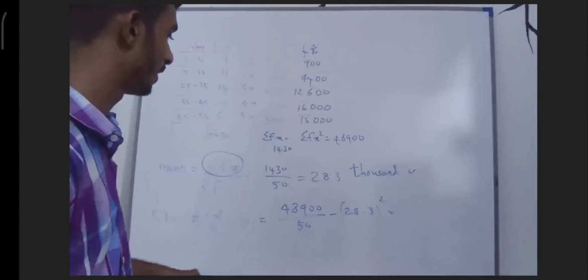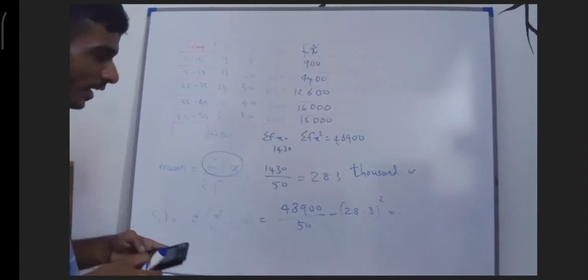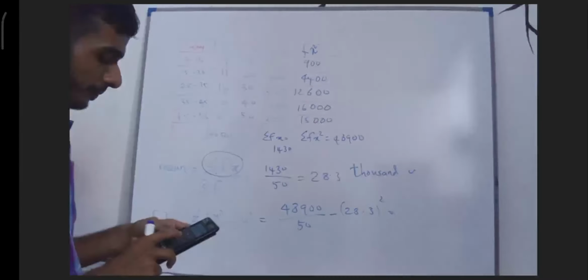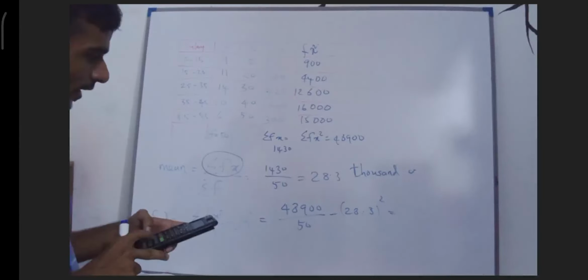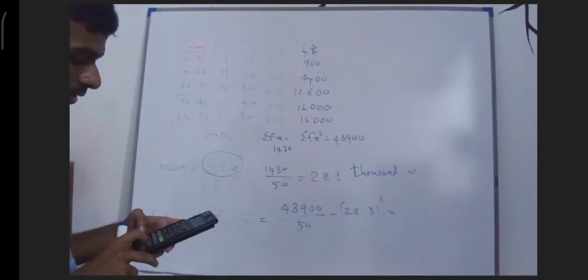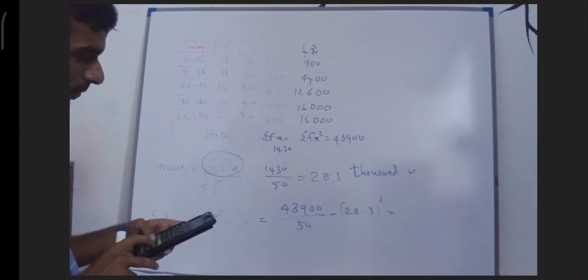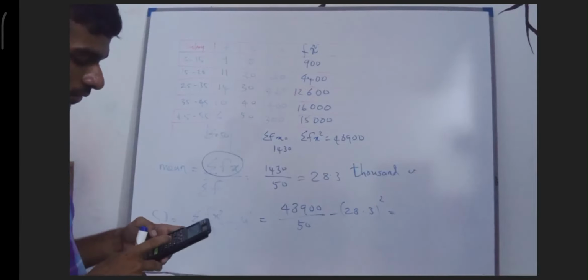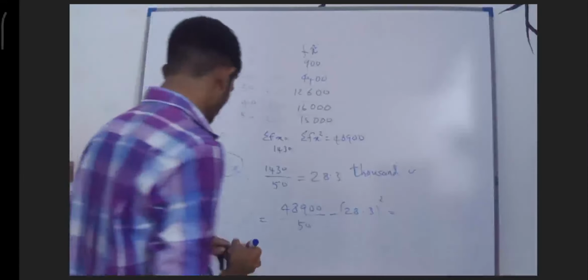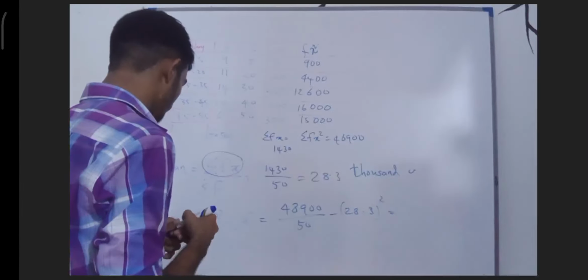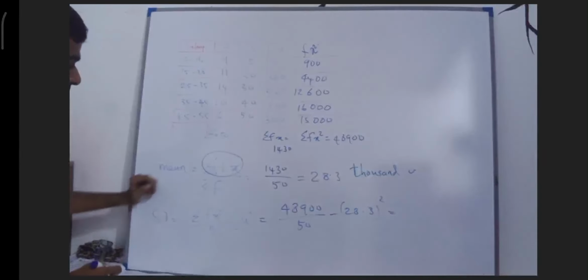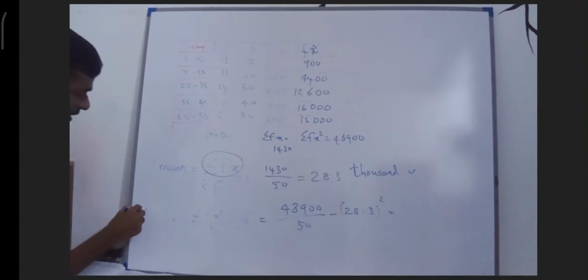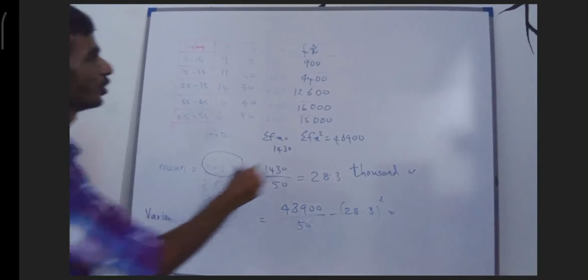You can use your logarithm table, or find the answer another way, but now I will use my calculator. 48900 divided by 50 minus 28.3 squared gives you 177.11. But this is not the standard deviation. I'm sorry, this is the variance.